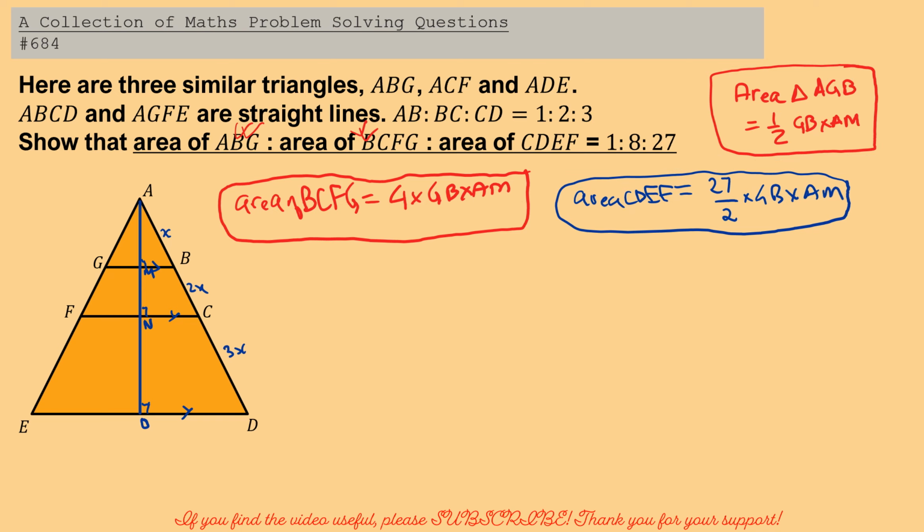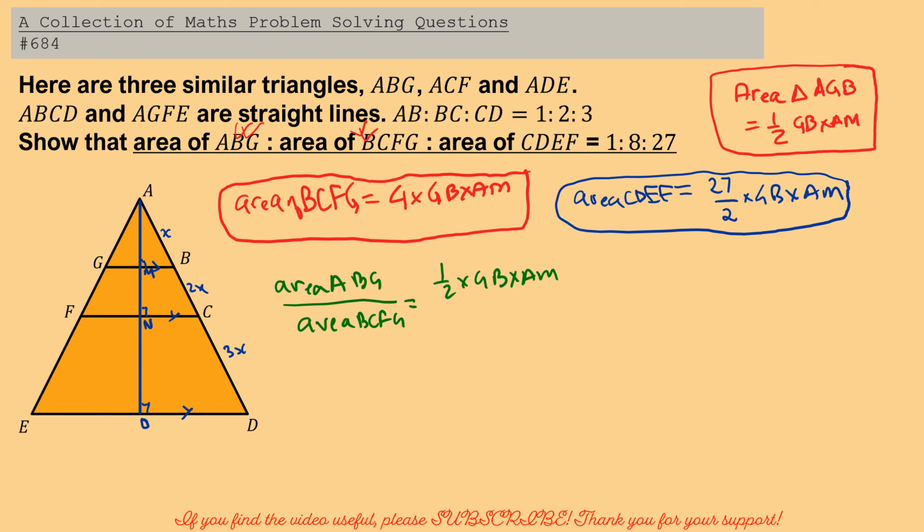So now if I were to write area of ABG divided by area of BCFG equals half times GB times AM.